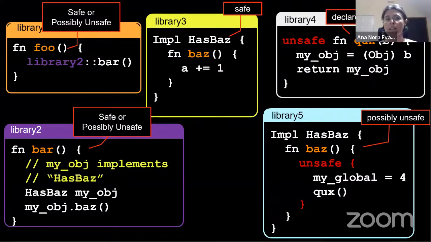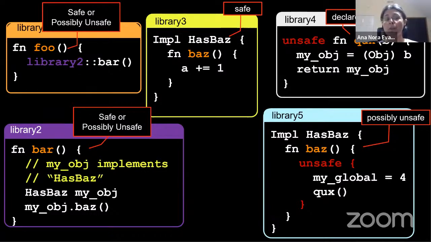And now we're looking at how this unsafety is affecting the system. We start from the end of the call chain and we look at the function Quax. This function is declared unsafe by the programmer. And then library 5 is required to make the call from an unsafe block to mark that block.